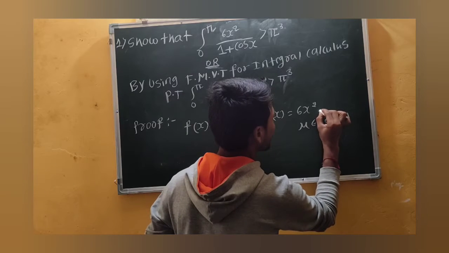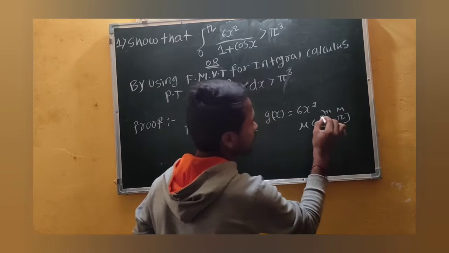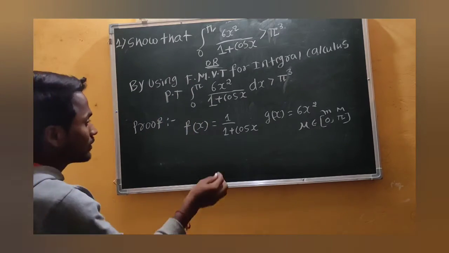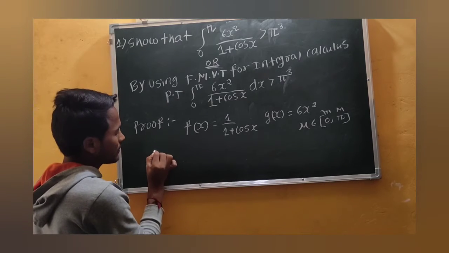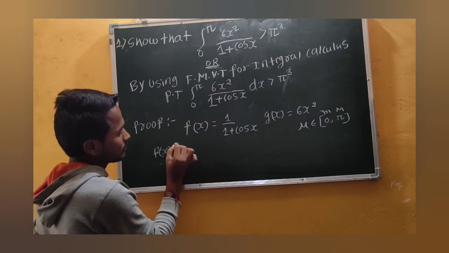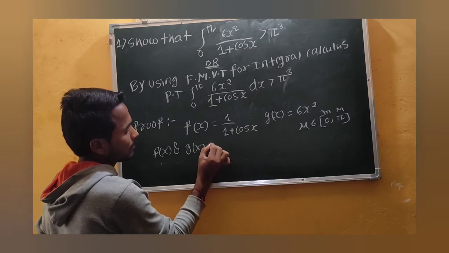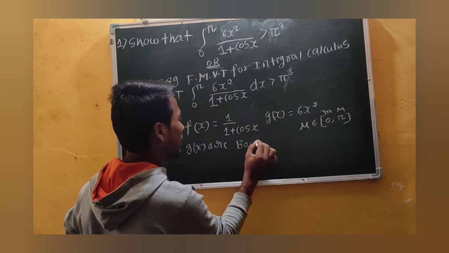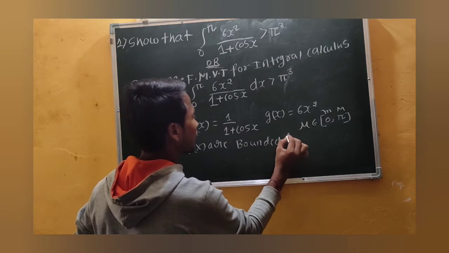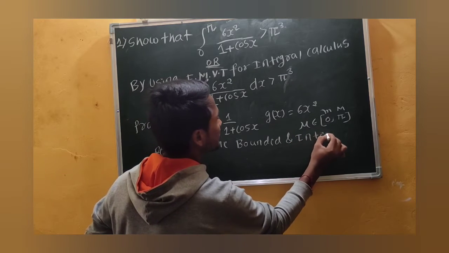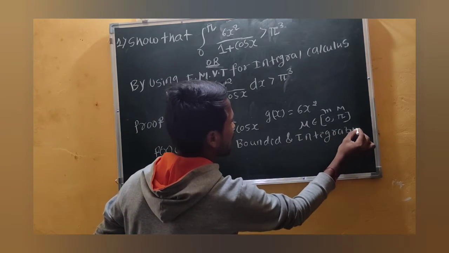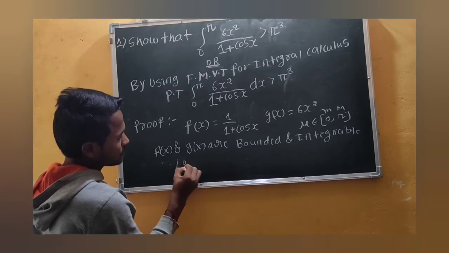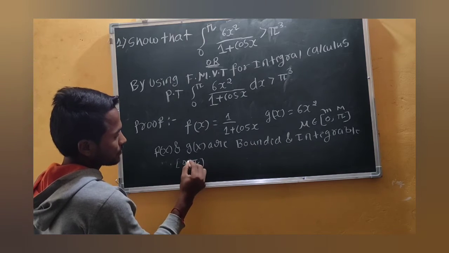This is the infimum, small m, and this is the supremum, capital M. Small m is the infimum, capital M is the supremum. Next, f of x and g of x are bounded and integrable functions on the closed interval 0 comma pi.